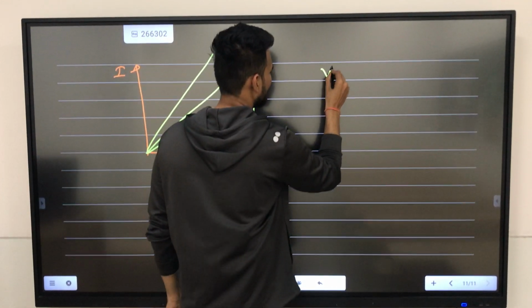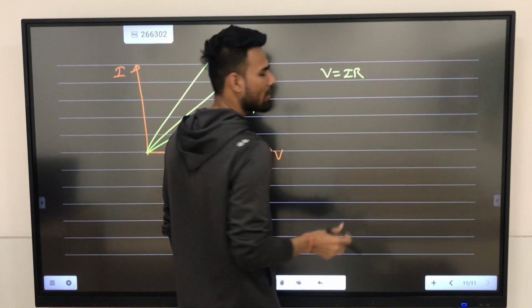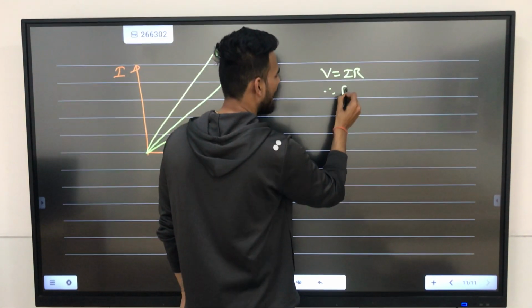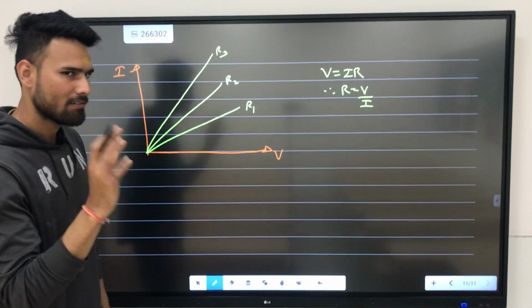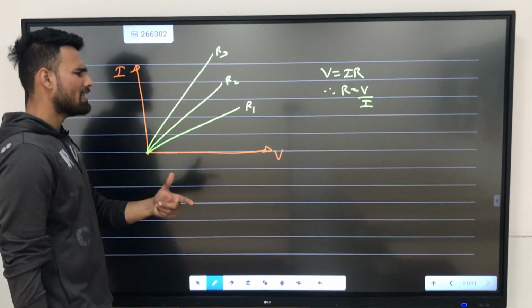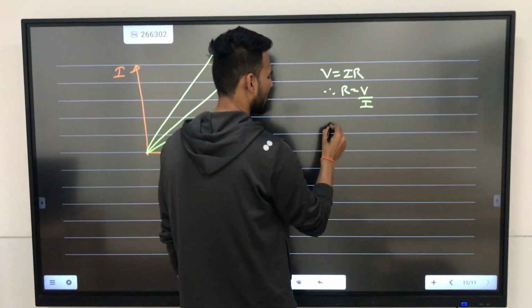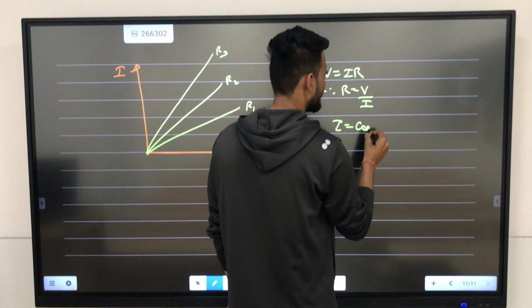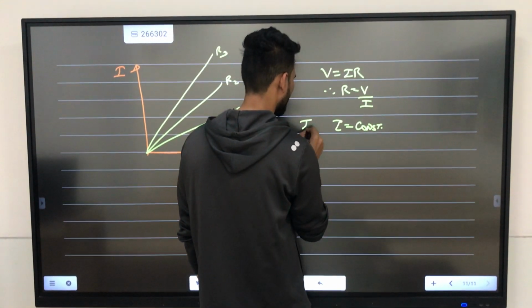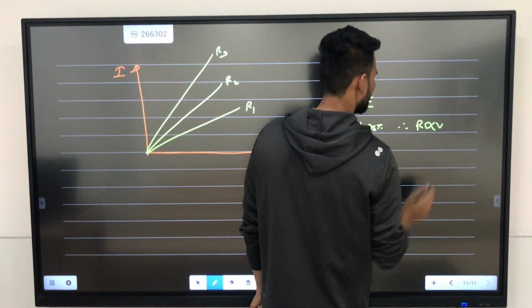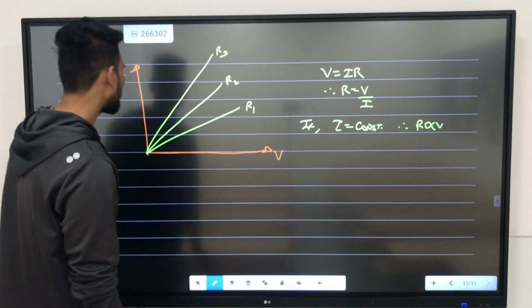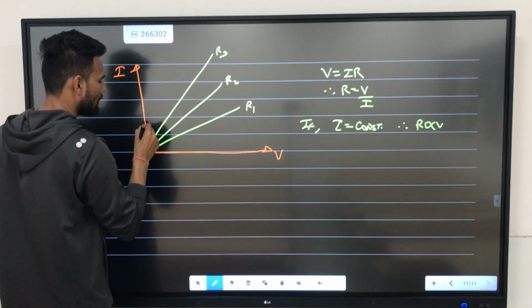Since we know that V is equal to IR, we need to find the relation between the R. Therefore, R is equal to V by I. Again I need to take I equal to constant. If I is constant, R is directly proportional to V. So how will we draw I as constant? In this particular manner.